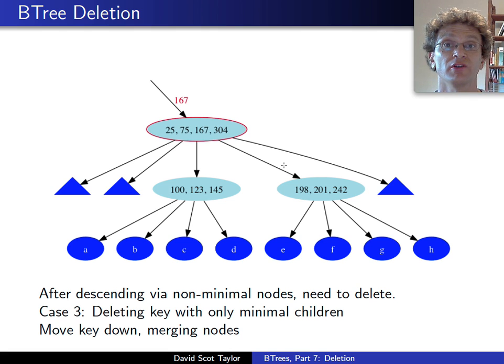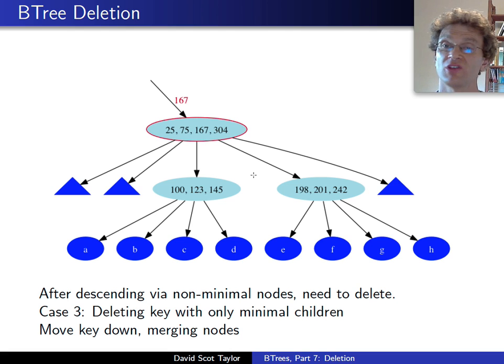The last case is, what happens if I want to delete key 167, even though neither of the two trees, its predecessor tree nor its successor tree, is non-minimal? They're both minimal.